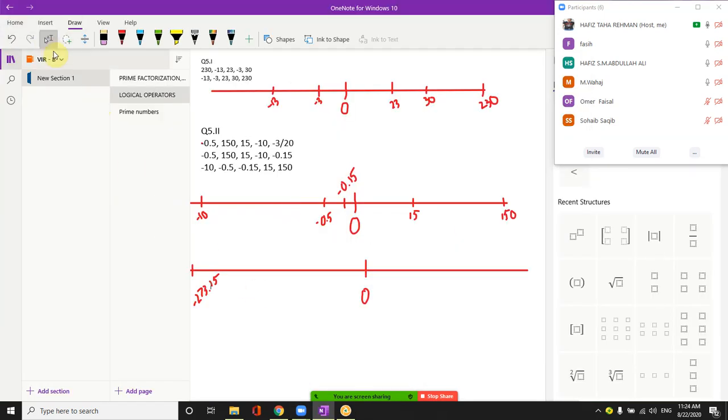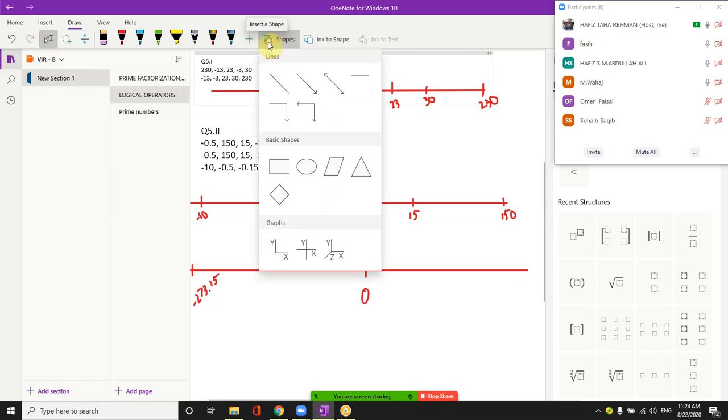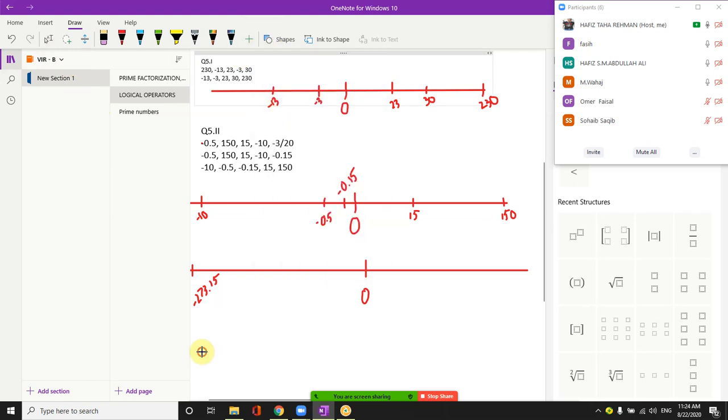They asked me to draw a negative number line. Now, this is my number line. They asked me to draw only a negative number line. So negative number line means we are not supposed to draw a positive number line. So 0 should be here.